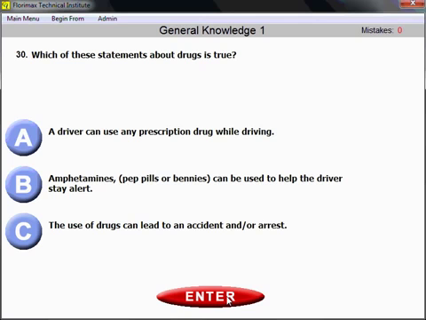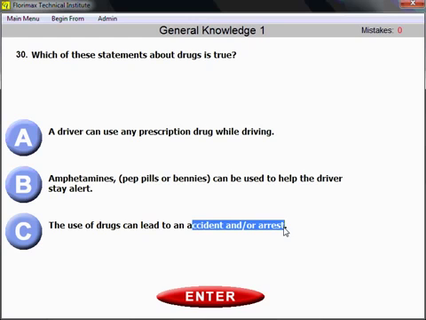Question number 30. Which of these statements about drugs is true? Please remember, that's an easy association, an easy question, but it's very important for you to remember. The use of drugs can lead to an accident and or arrest.